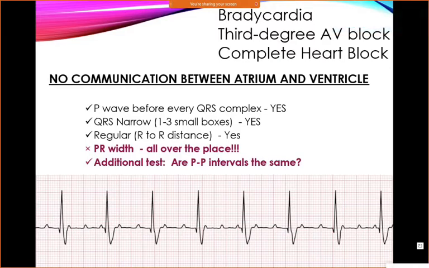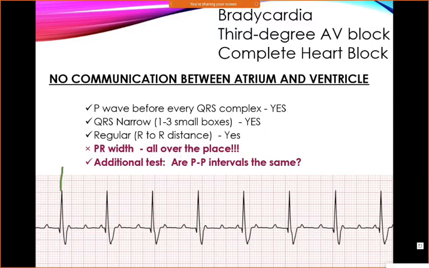What's the difference between an extra P wave and a dropped QRS? The dropped QRS means that where you expect an R, there isn't one. So here we have an R to R interval of, let me go back. This one does not have a dropped QRS. Let me show you what I mean.